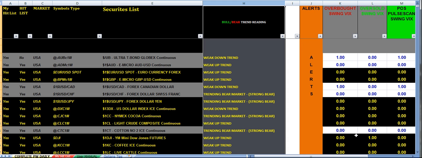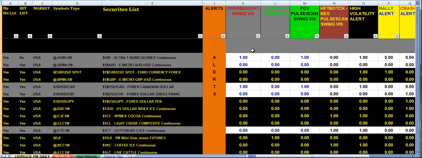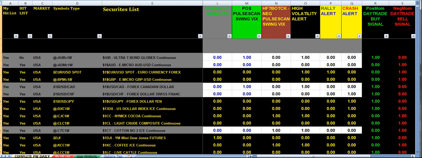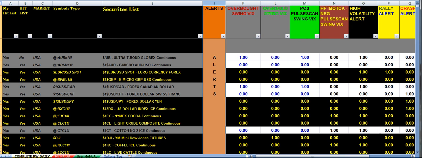The next area is your alerts column. The alerts start at column J and run over until column S. So columns J through S are your alerts. You see we have the overbought, the oversold, and the pulse scan swing VIX.